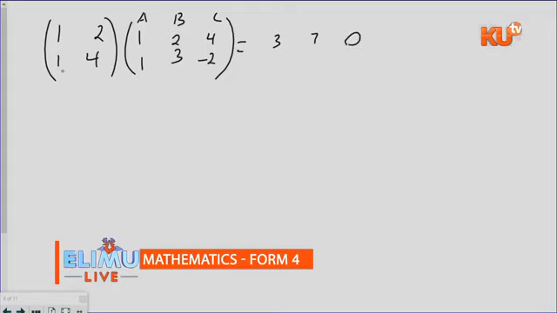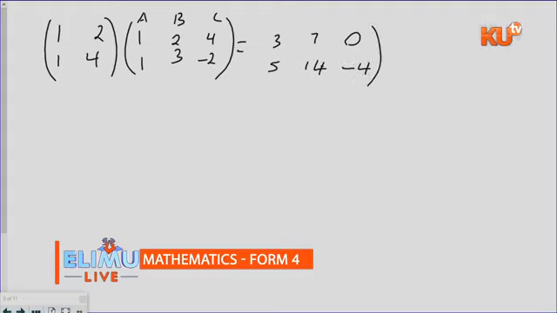Then downward, we have 1 by 1 is 1, 4 by 1 is 4, total 5. 1 by 2 is 2, 4 by 3 is 12, that gives us 14. And then 1 by 4 is 4, 4 by negative 2 is negative 8. That gives us negative 4.